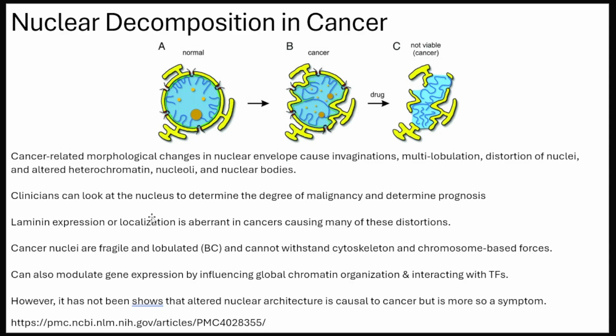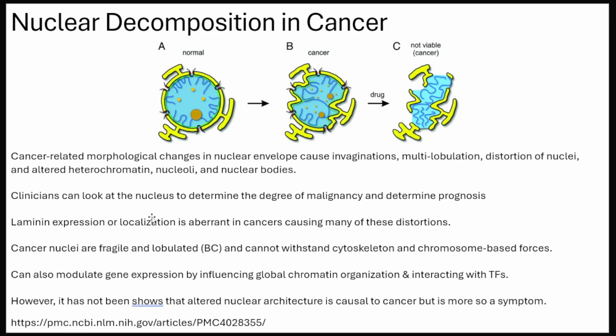And especially in cancer such as breast cancer, it's very fragile and lobulated, and it kind of has a hard time withstanding pressures in the cytoskeleton or from chromatin-based forces like in mitosis.